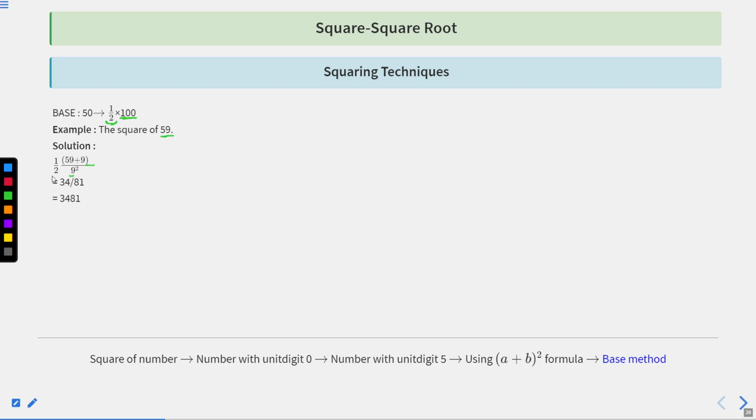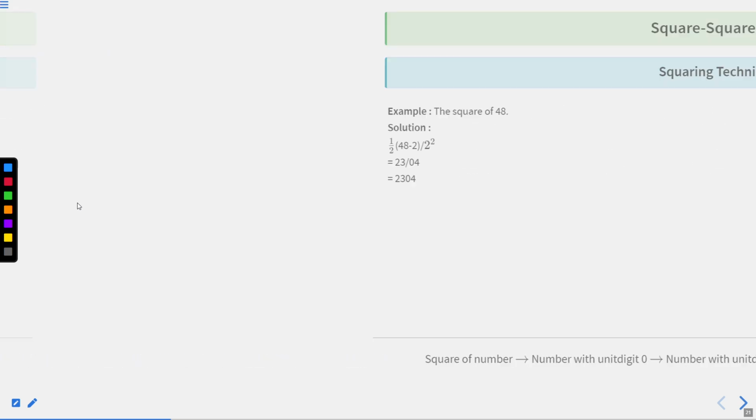Correct? And also 1 by 2 here. So 59 plus 9, okay, and divided by 2. So this gives us 68. Okay, 68 upon 2 is 34. And 9 square is 81. So just remove the slash here and this will be 3481.